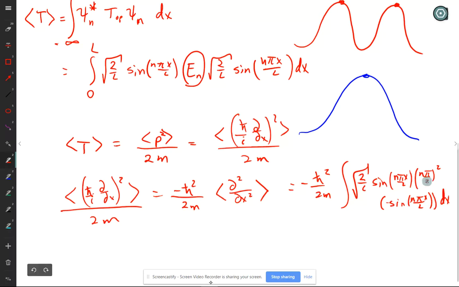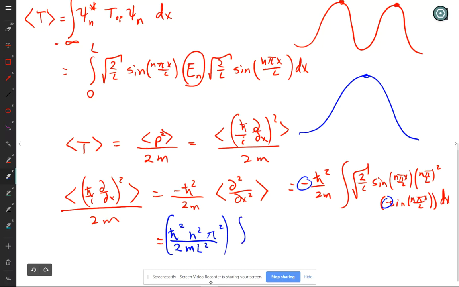That's L not 2. From taking the derivative twice. And I have the minus sign here because of taking the derivative twice. So bringing that all together in the space that is remaining, let me change colors. This minus sign and this minus sign are going to turn into a positive sign. H bar squared, n squared, pi squared over 2mL squared. Hey, look, that is E sub n.